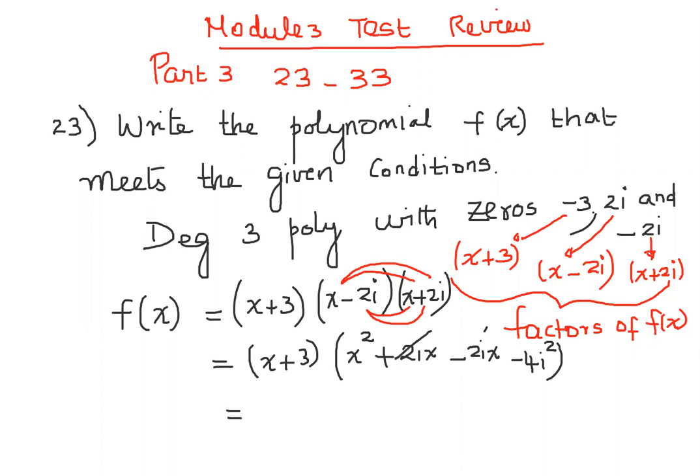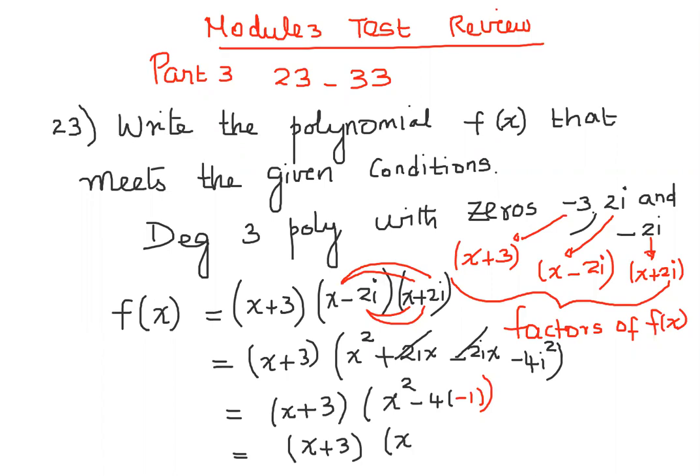So middle terms get cancelled. So we get x plus 3 times x squared minus 4 times, remember i squared is -1. So we get x plus 3 times x squared, minus of minus becomes plus 4.